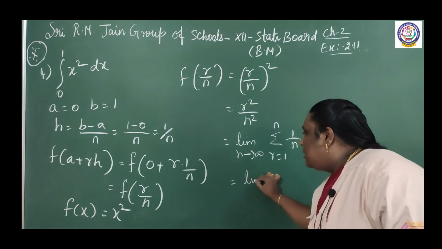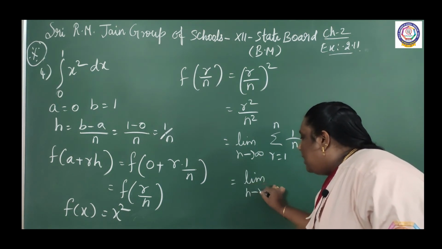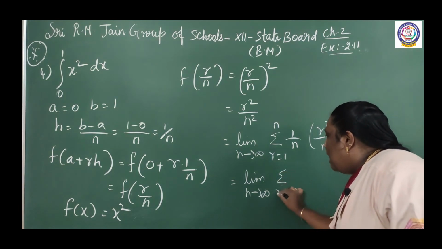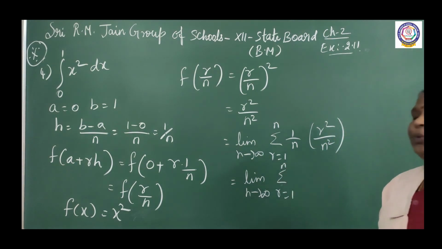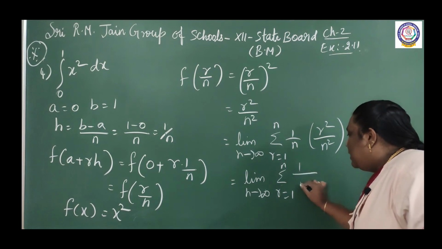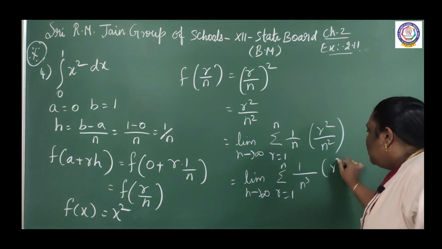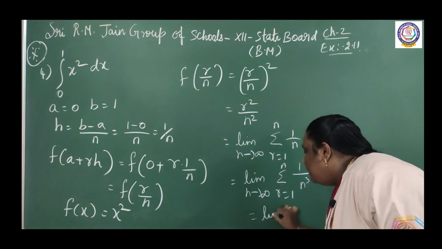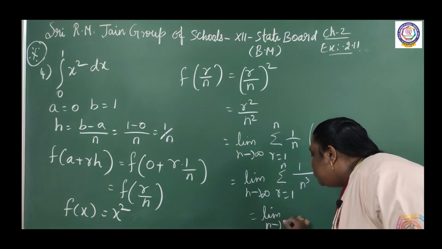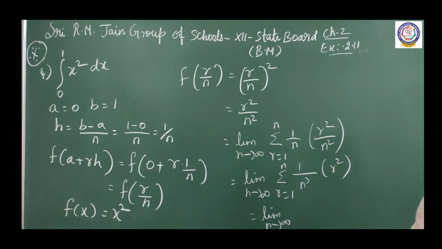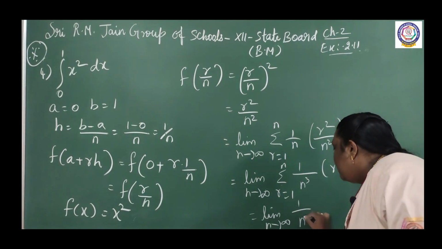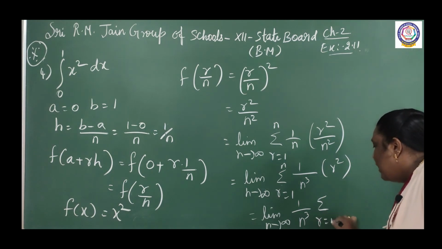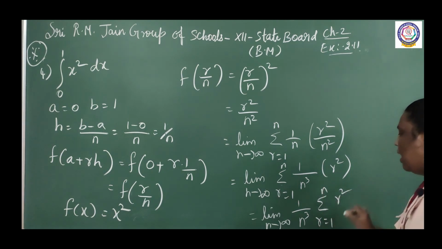It gives limit n tends to infinity, sigma r equal to 1 to n, 1 by n cube into r square. So limit n tends to infinity, 1 by n cube into sigma r equal to 1 to n r square.